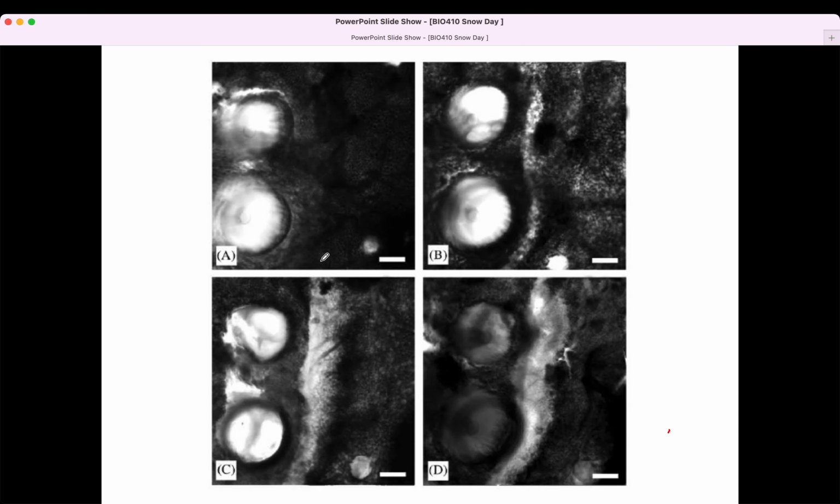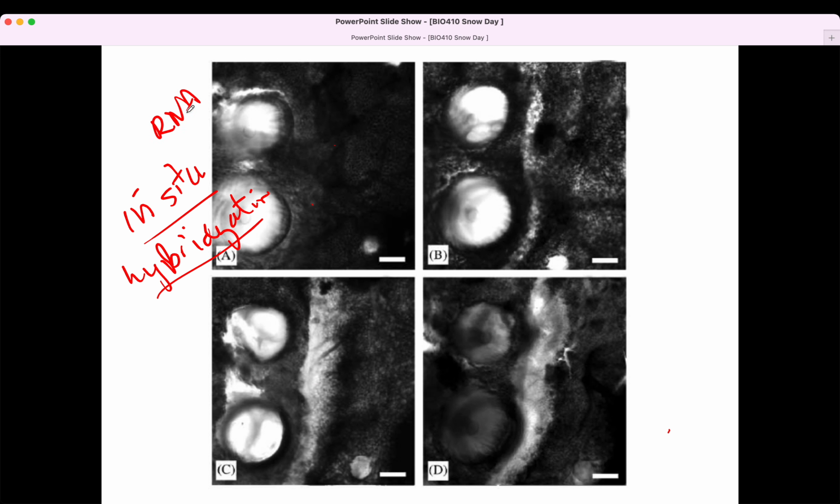This is a kind of experiment we'll talk about, a staining experiment that looks kind of gross, but it's called an in situ hybridization. And we're studying expression of a caterpillar gene that codes for the green pigment. And you can see at this early time, all these cells are dark because they're all expressing the RNA, and we're detecting the RNA for this gene.